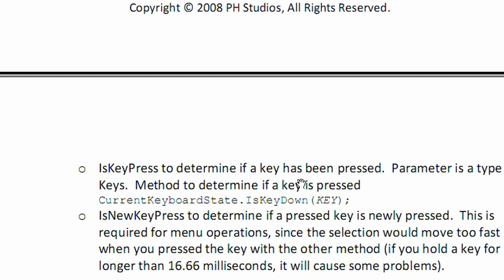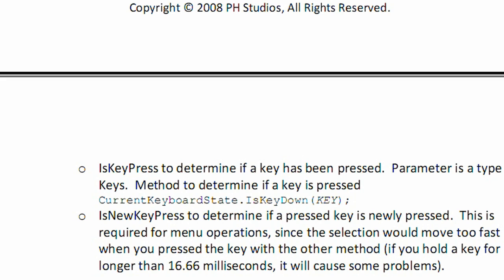The final method we need is new key press, and it will determine if a key is newly pressed or not. And what we mean by newly pressed is if it has been pressed this game loop but up last game loop. The reason we need this method is to eliminate error in our key pressing. If you press a key without this method, you may notice a lot of errors might occur.